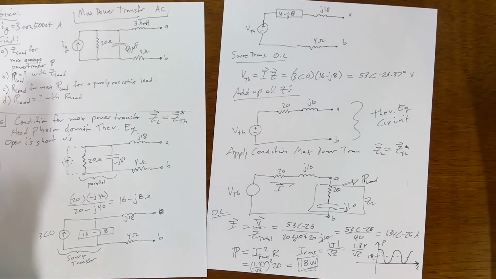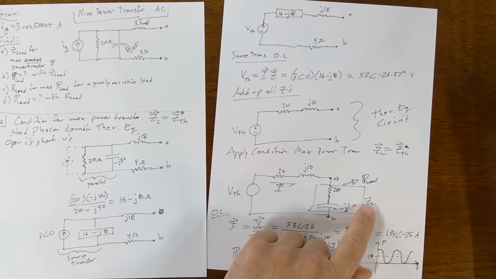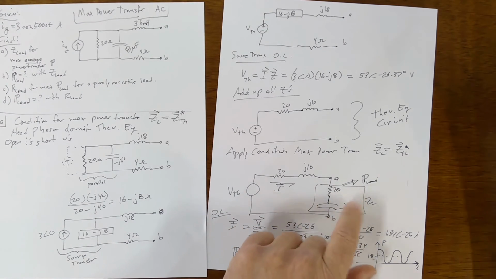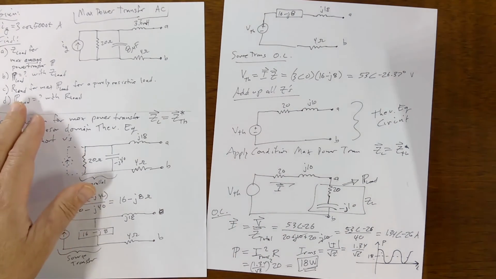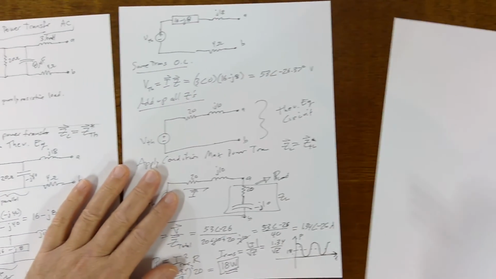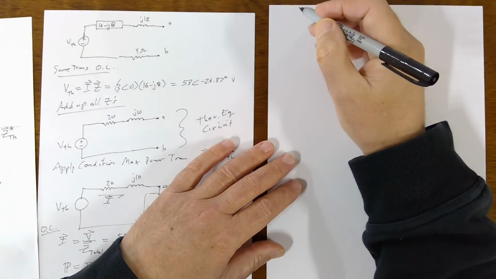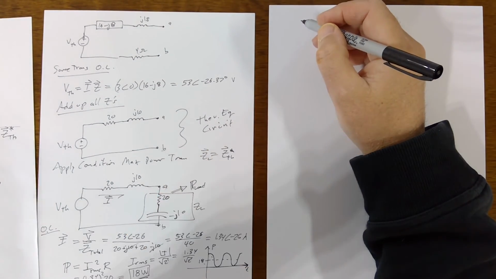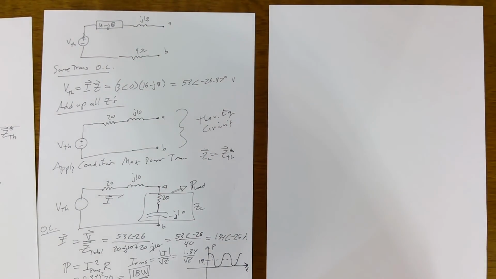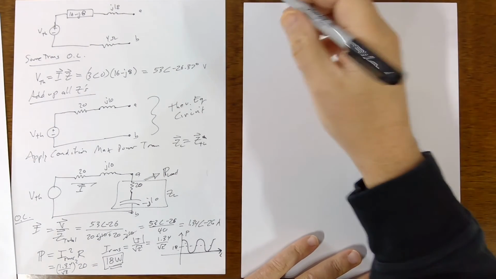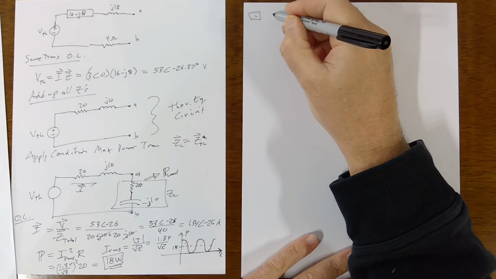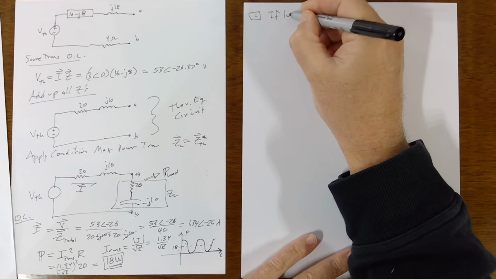So that's part C and D. Once again, this load is only going to be resistive, and what's the best we can do there? So this is part C. I'm just going to rewrite the question.